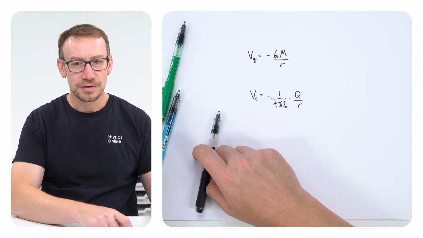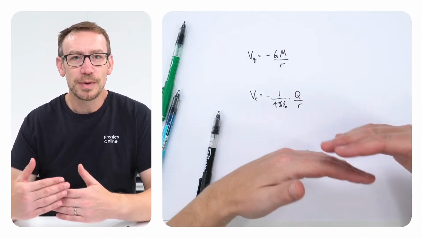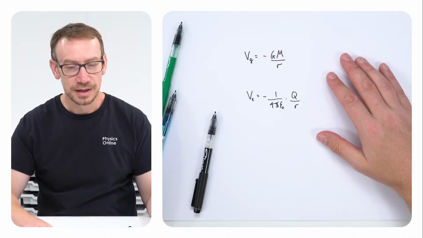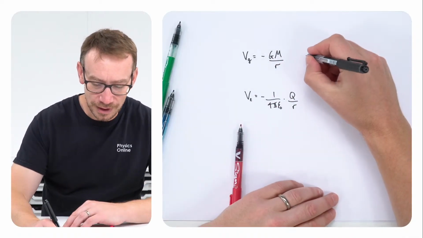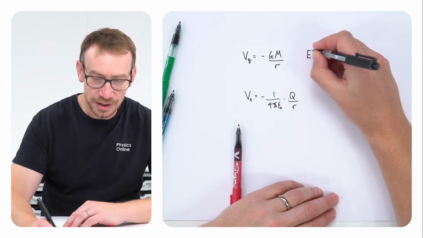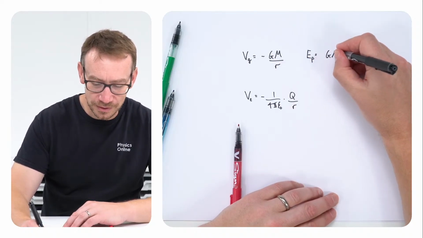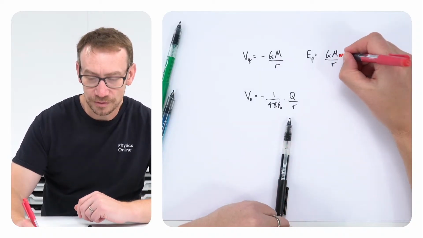Sometimes it might be more important to think about the energy, or the change in energy, as something moves from one point in a field to another. Rather than looking at this, we'd be saying that the change in gravitational potential energy would be equal to Gm over R times the mass which is moved.